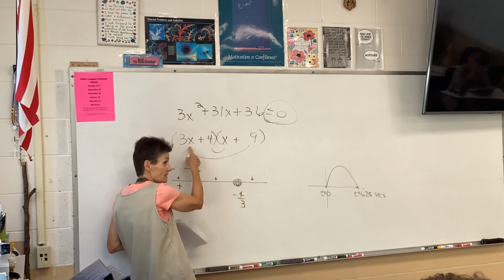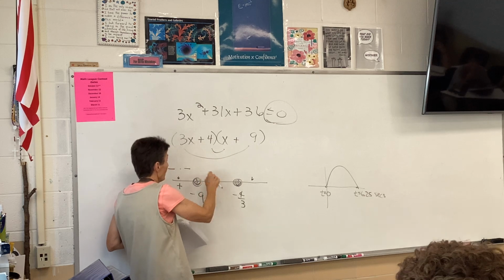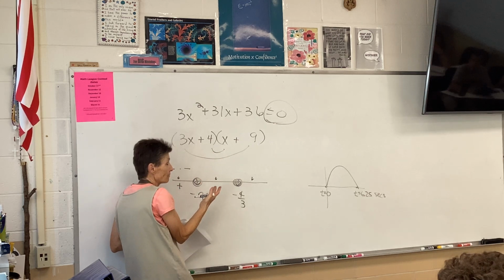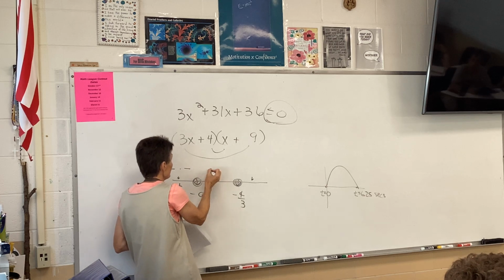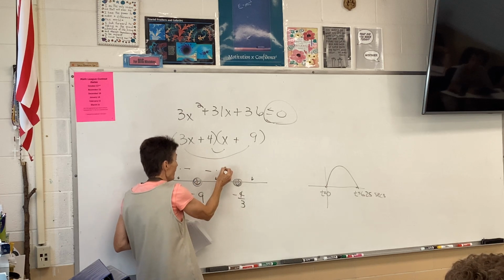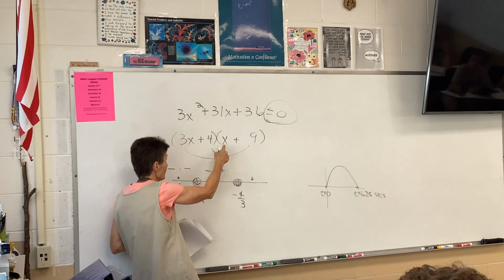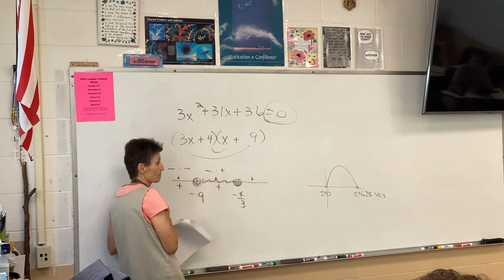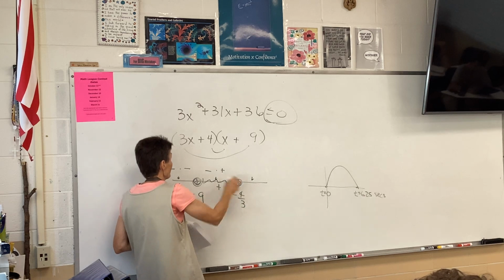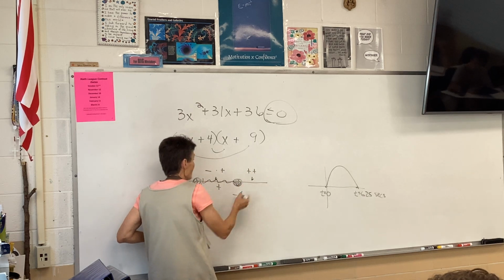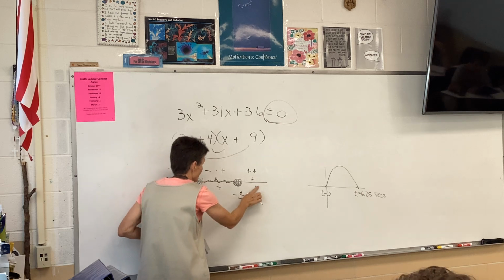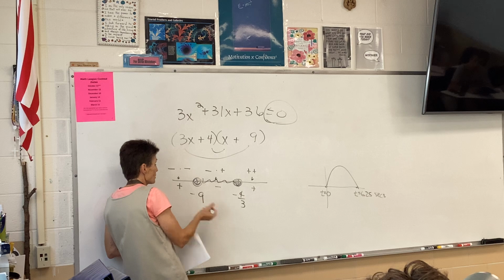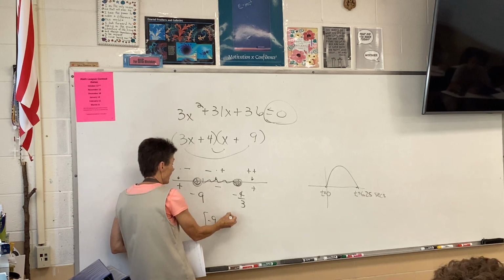Then I'll put in negative 3. Negative 3 gives me a negative times a positive. Well, that works. 0 gives me a positive and a positive. That does not work. So my answer is negative 9 to negative 4/3.